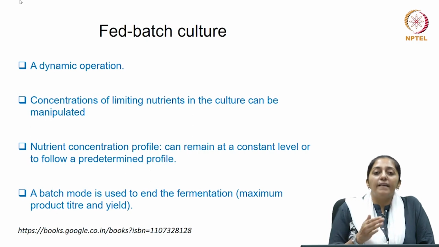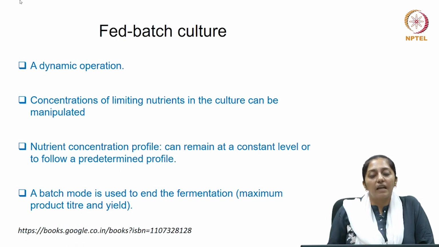The feeding can be controlled in a manner such that the nutrient concentration inside the reactor can be controlled at desired levels. Generally, a batch process is initiated and then it is converted to a fed batch process till the harvest to achieve maximum product yield and titers.